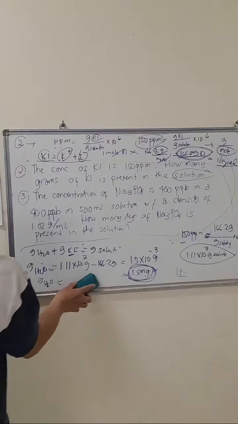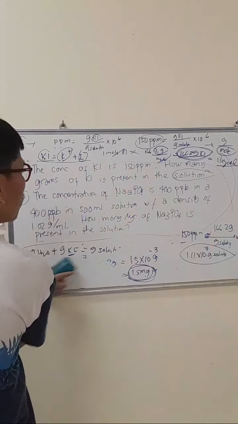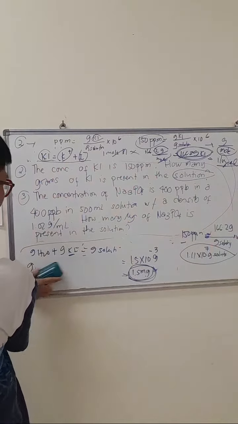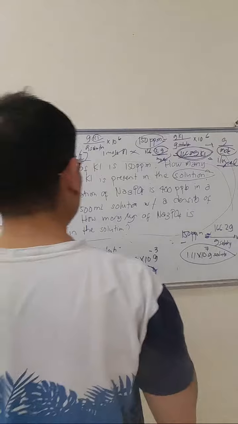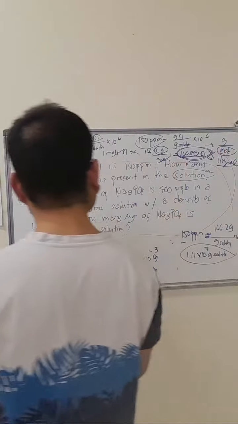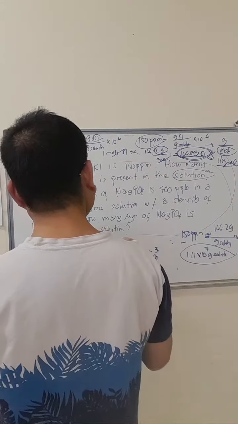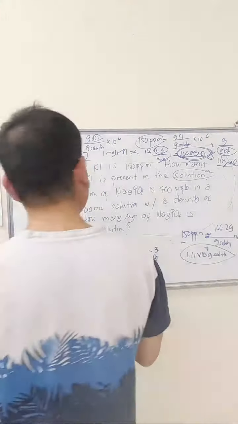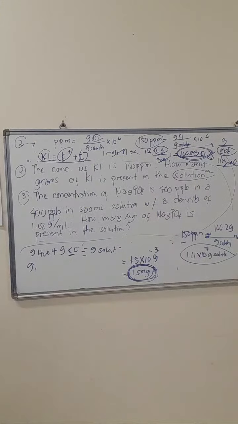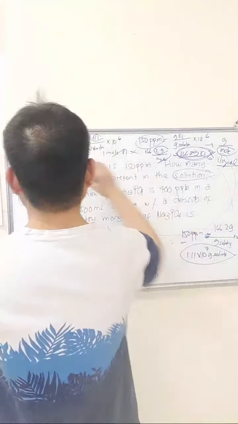So we go back to the grams of solute, back to 166.2, which validates it. So our answer really is 1.5 milligrams, or 1.5 times 10 to the negative 3. You get the point? So that is the answer to our question number 2: 1.5 milligrams. It's not possible to use the other method. Okay, question number 3 next.